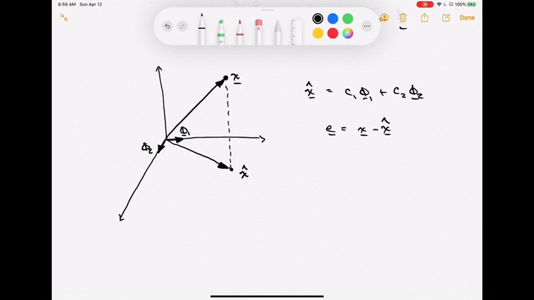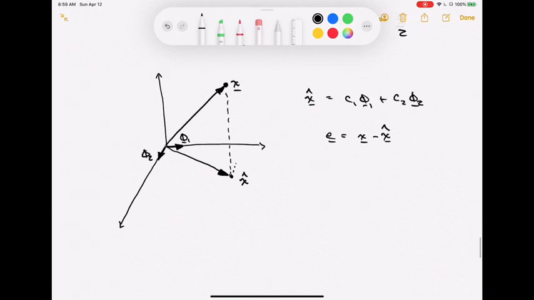What does that x hat look like? Well, it's got a component in the phi2 direction. It's also got a component in the phi1 direction. This is where drawing on a flat piece of paper when you're trying to do three spaces is a little bit difficult, but hopefully it's starting to come together.